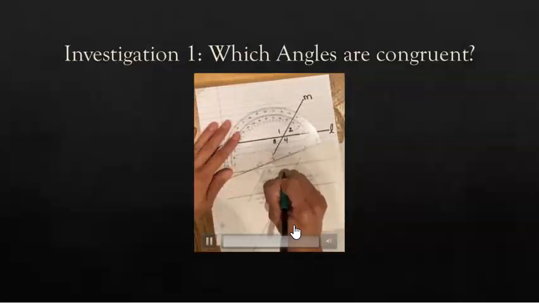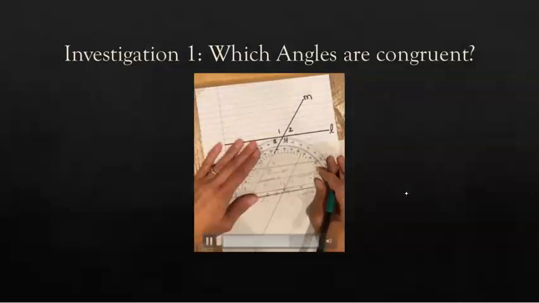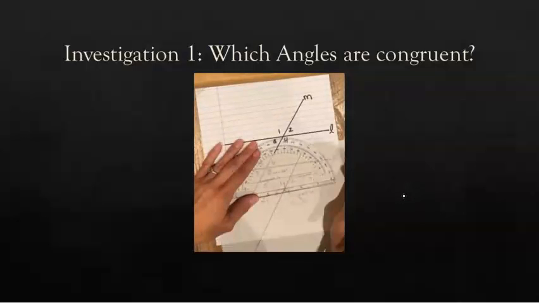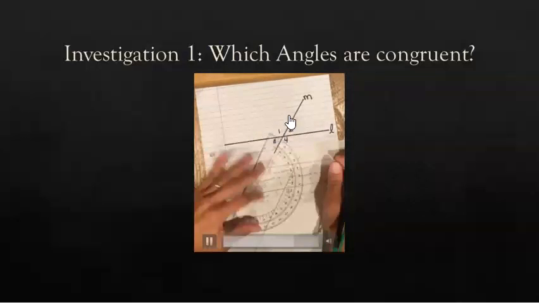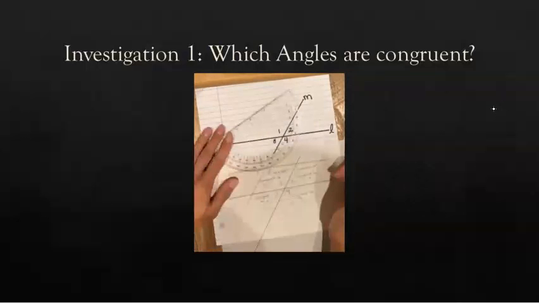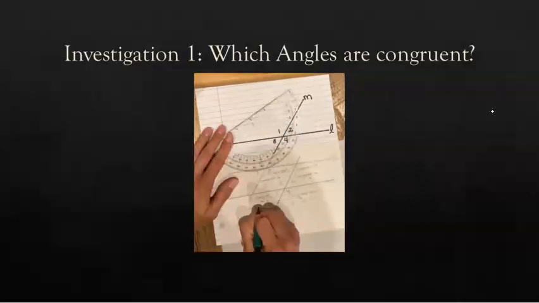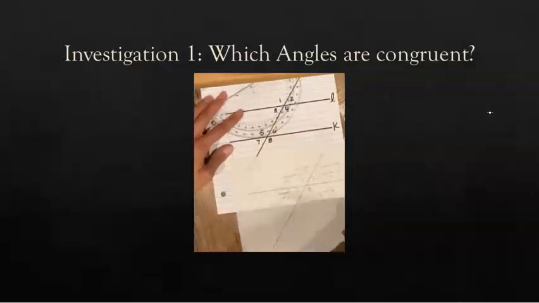So in my picture here, angle 1 and 4 both measured 125 degrees. From our linear pair, if 1 is 125, 2 should be what to equal 180? So 2 should be 55. 3 is a vertical angle, so it should also be 55.